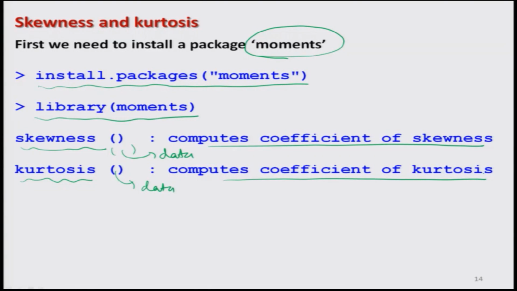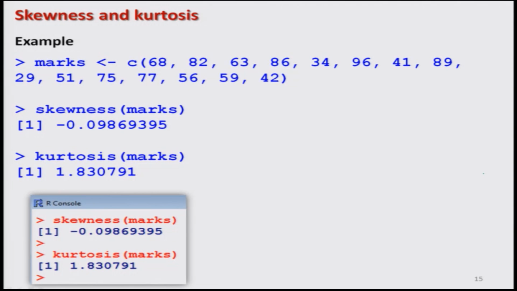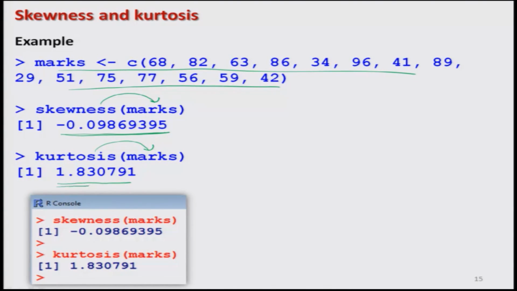Okay. So, now I take the example that we did earlier. I simply take the same data vector which I considered earlier, and write skewness of marks and kurtosis of marks. You can see here that this value is coming out to be negative, whereas this value is smaller than 3.